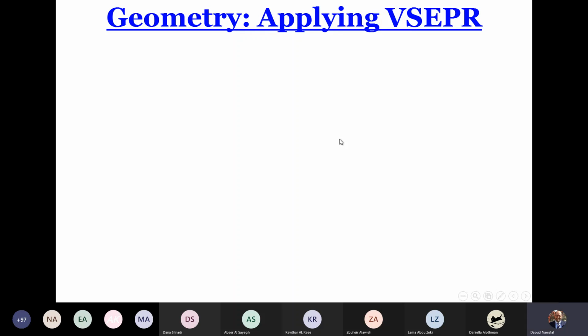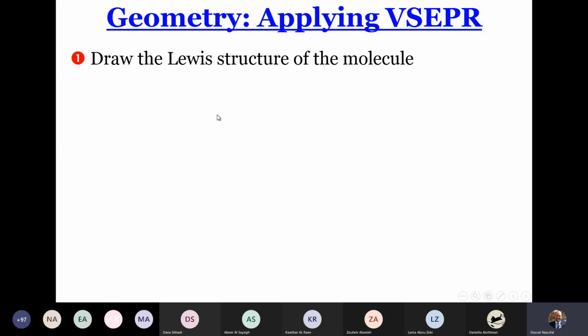Now, how to find the geometry? First of all, we learned how to find the figure of repulsion by transforming the molecular formula to the type AXmEn. Now we have to deduce the geometry. First of all, draw the Lewis structure of the molecule. We have to follow the steps.